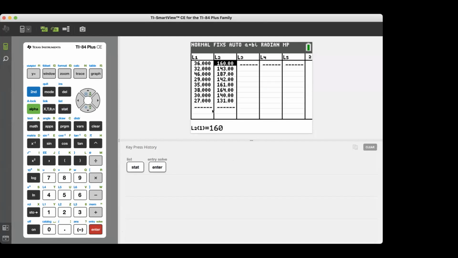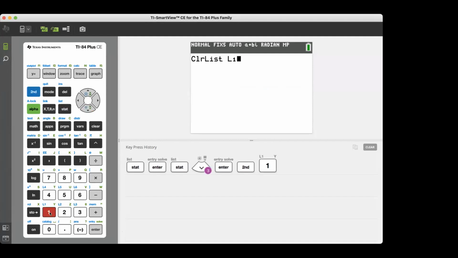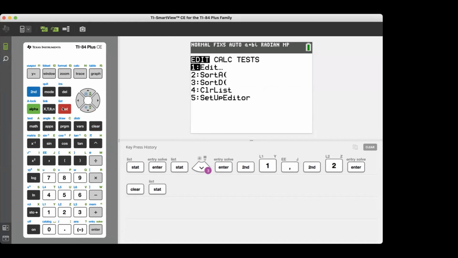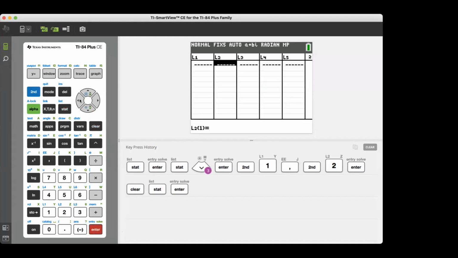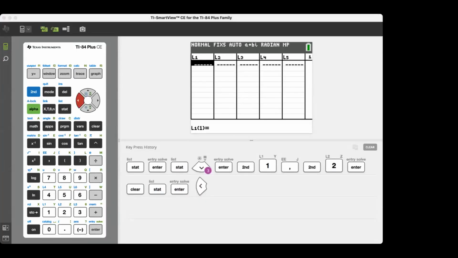Again, you see, let's clear these lists. So stat, clear list, second one gives me list one, comma, second two gives me list two, press enter, it says done. So I'm going to go stat, edit, enter. Horsepowers go under list one, 175.